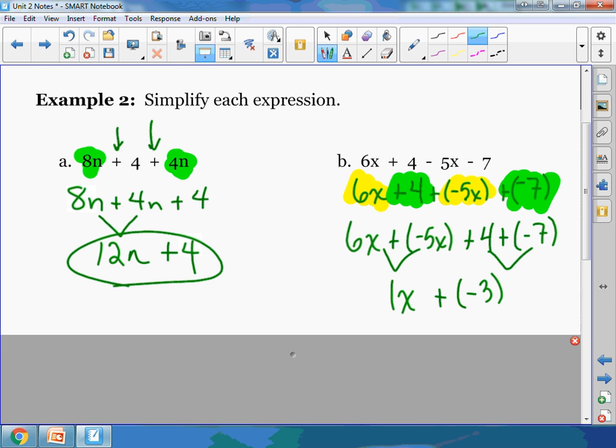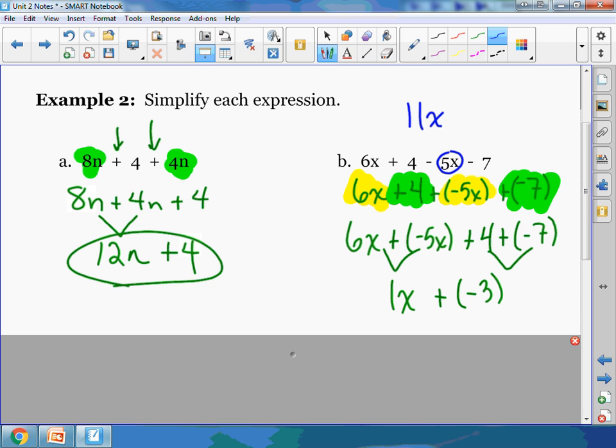Some of you, I noticed, had 11x when I was walking around. Okay, now, that's not correct, of course, but I know what you did. You looked at this like 6x plus, oh, here, there's a like term. So 6x plus 5x. There's my 11x.